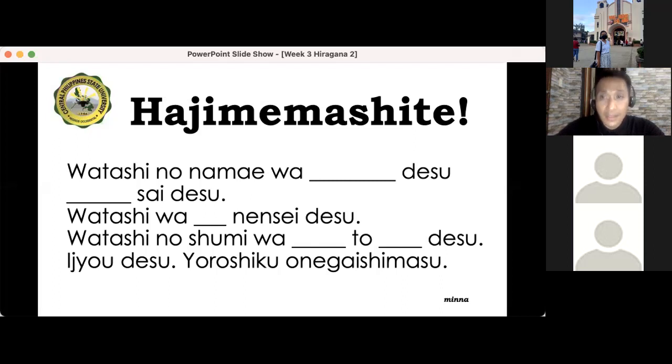We just say mas, but the su is not stressed, okay? And again, if it is o, it's pronounced as o. So if this is to, so to, okay? So very particular sila with the vowel sound. Okay. Again, how old are you, Relin? Nansai desu ka?